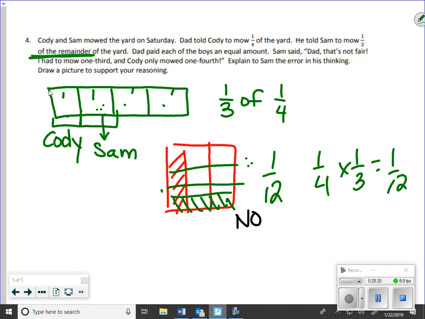And if you use the picture as justification, then it really looks like Sam did less, because he cut something that was already cut. So Sam did the same size piece. That's 1/4.